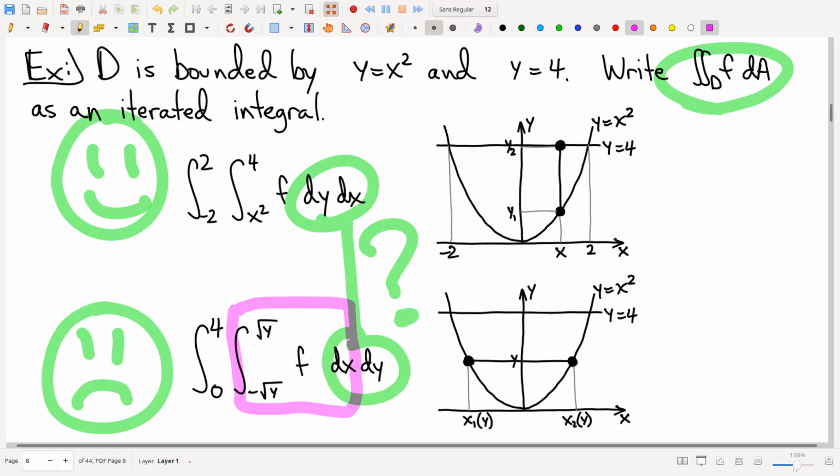And so depending on how bad this antiderivative of little f is, once you plug in some square roots into it, that might be a really ugly dy integral on the outside that you'll be staring down the barrel of, right? And so this is highly undesirable. Everybody happy?